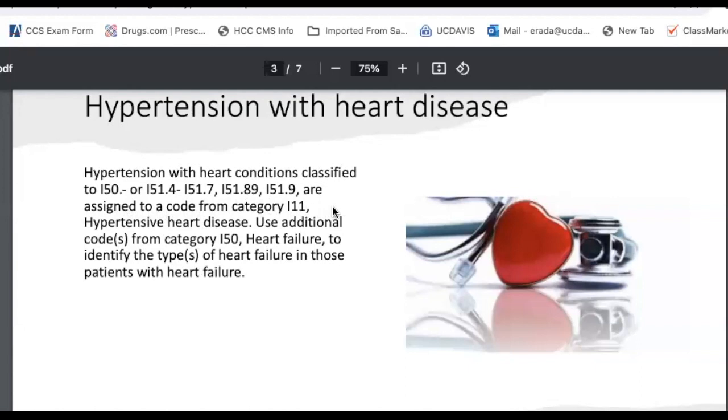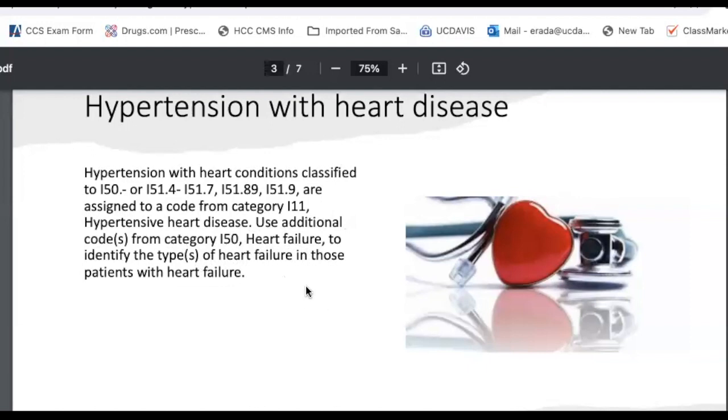If the heart condition that you saw in the patient's chart starts with these codes, this category and subcategory, you are to automatically assign a category I11 hypertension code, no longer I10. And there is another follow-up instruction: use additional codes from category I50, heart failure, to identify the type of heart failure in those patients with heart failure.